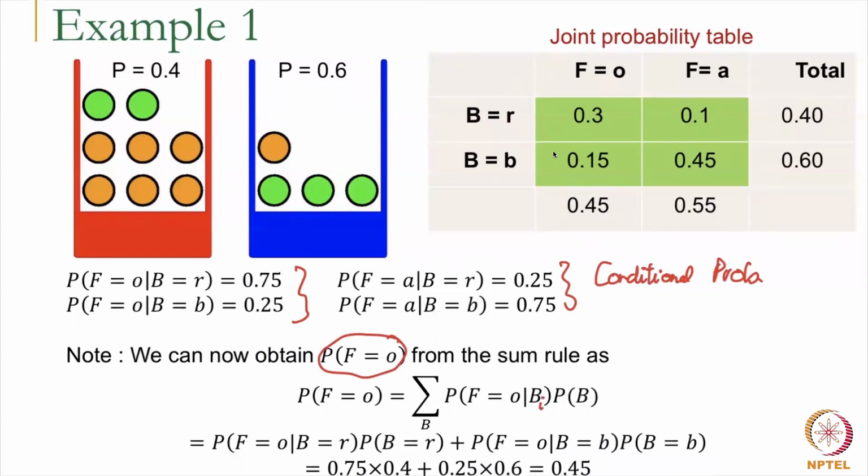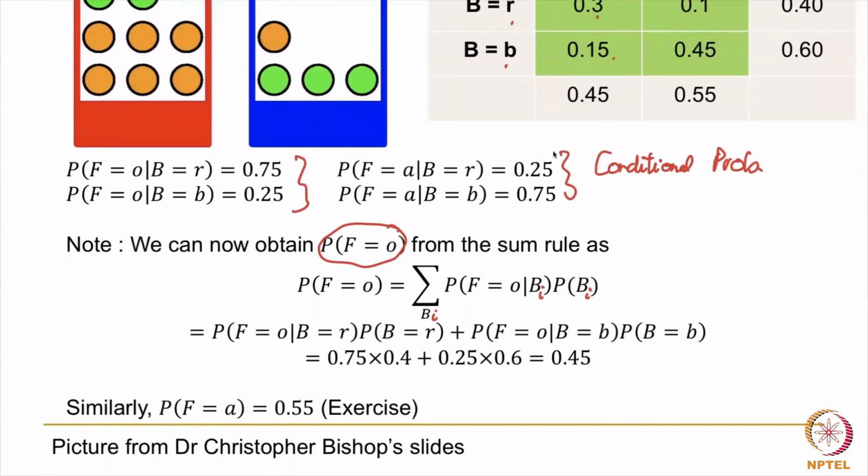And I'm going to sum over all possible baskets. Okay, the fruit was an orange, it came from the red basket. Fruit was an orange, came from the blue basket. Okay. So if we do that, you can do this in greater detail using the product rule. So I'm going to write it this way.